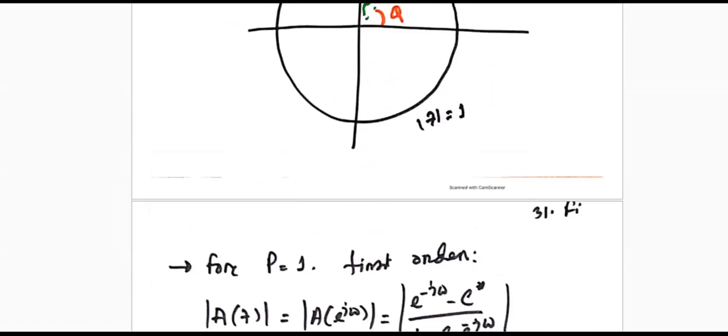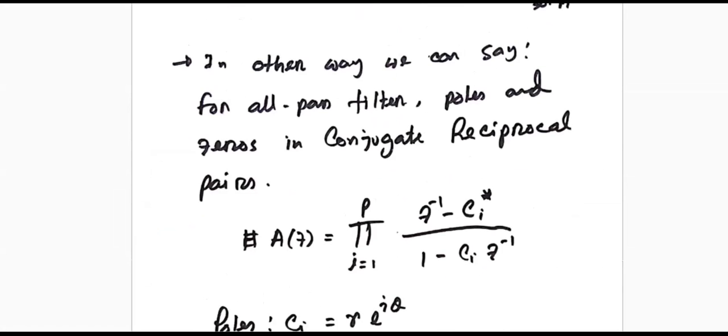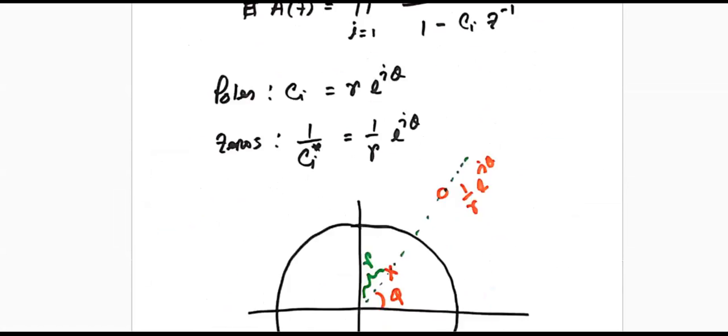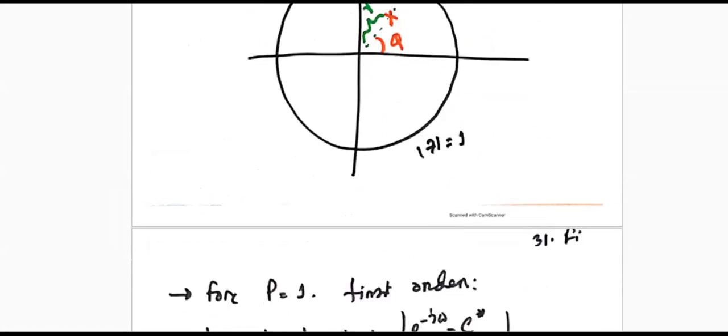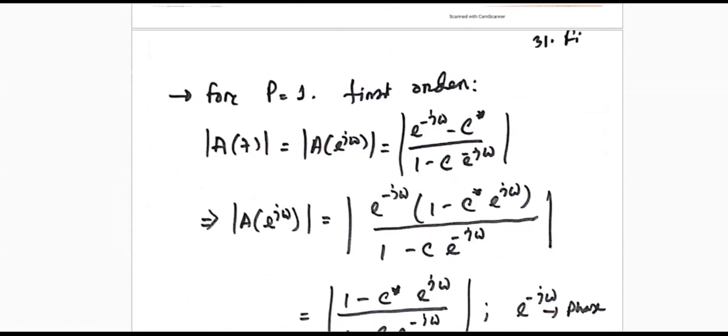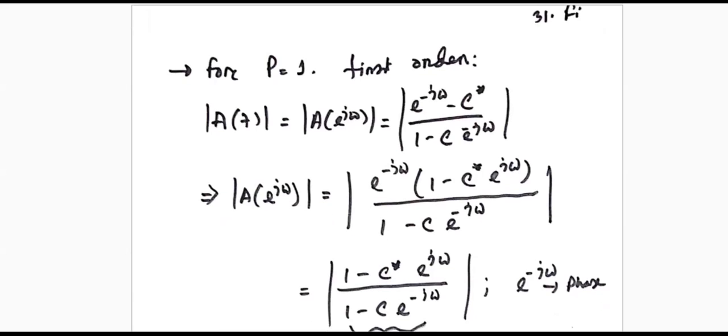And now the question is how you can believe me that this equation also holds for the all pass filter. We have already proved something for the real poles and the real zeros. Now this is the section. You can just go through this section. I will upload this section with the video lecture.